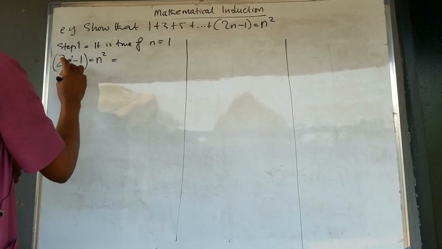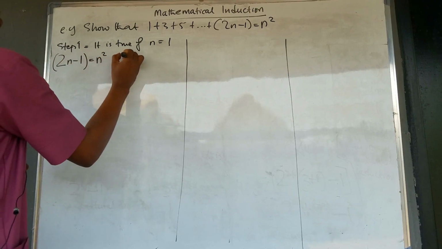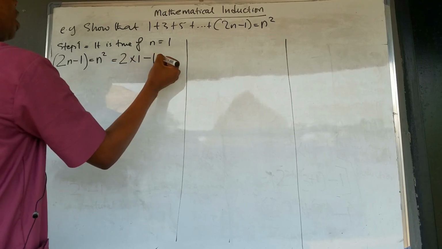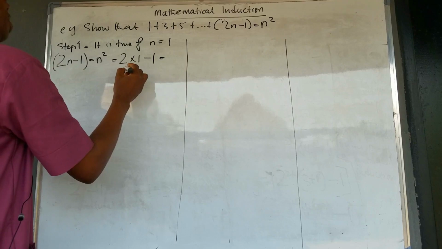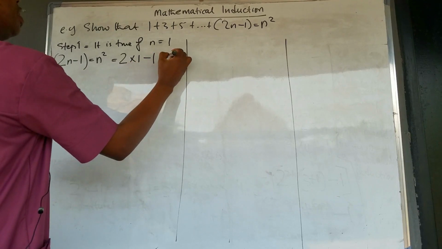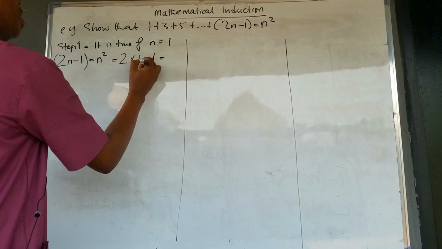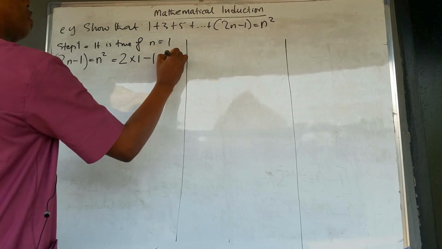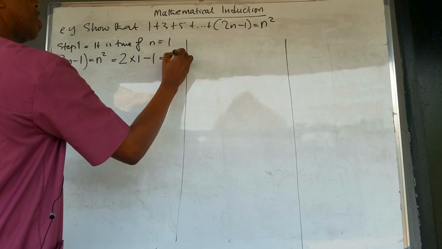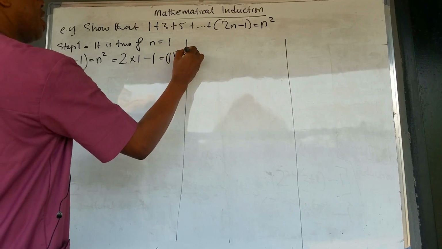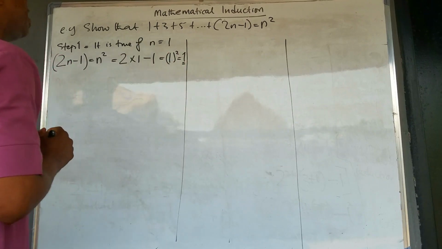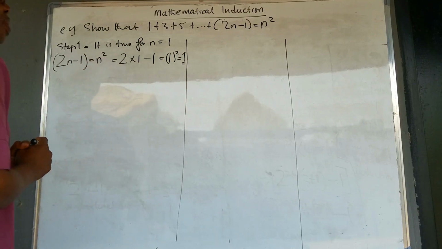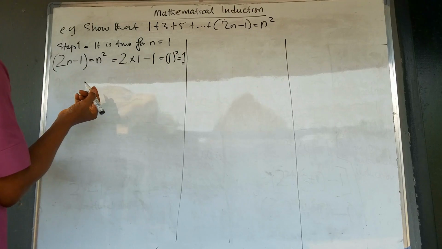That gives me 2 times 1 minus 1, which is 2 minus 1, giving 1, equal to 1 squared. And 1 squared is still 1. So it is true for n equal to 1. It's very simple mathematics.